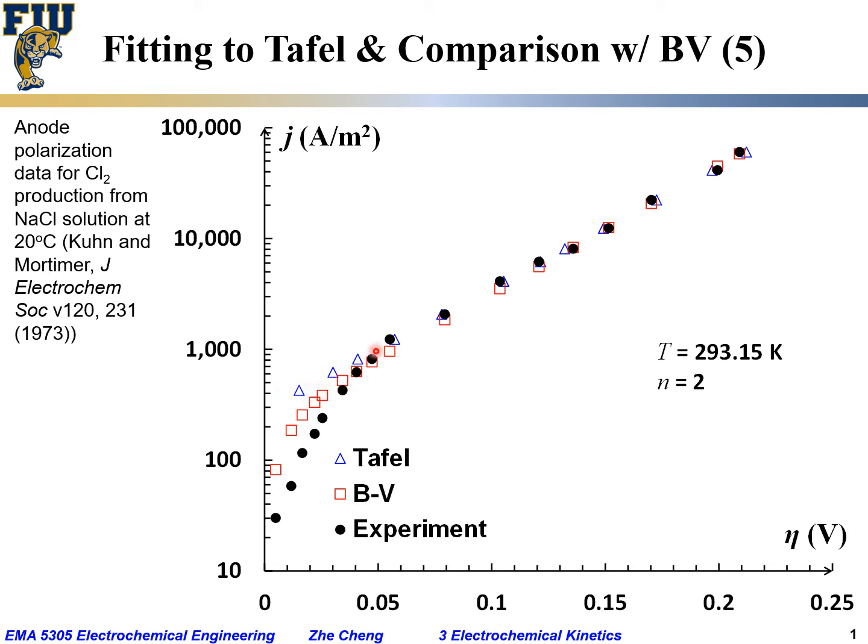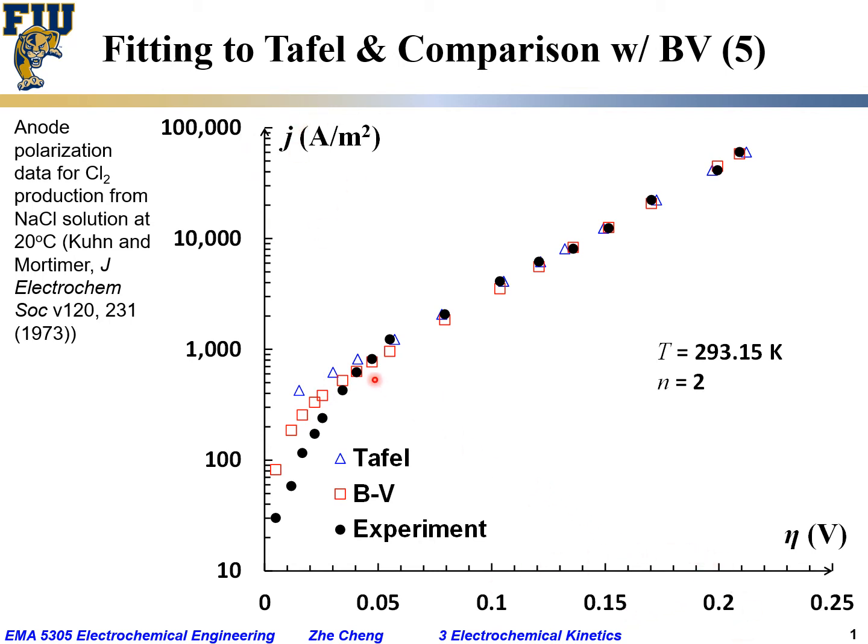And again, we said the Tafel relationship would follow a linear relationship between log of current density and overpotential.